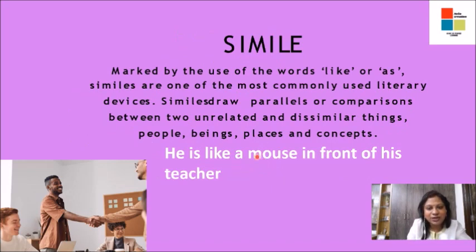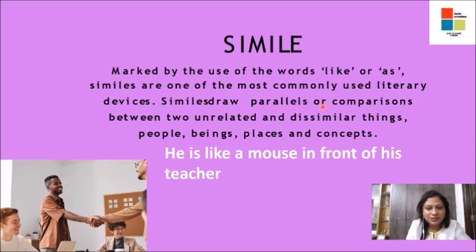As I said, today I'm going to cover the very common figures of speech in English language, and the first figure of speech which I have picked up is simile. Now what is simile? Simile is nothing but a comparison using words like or as. Marked by the use of the words like or as, similes are one of the most commonly used literary devices.